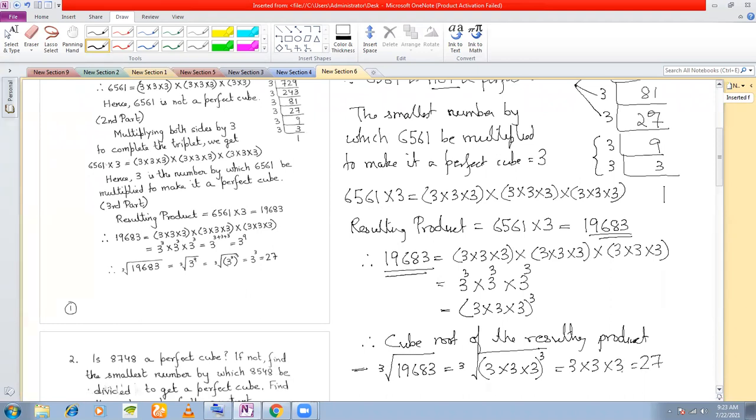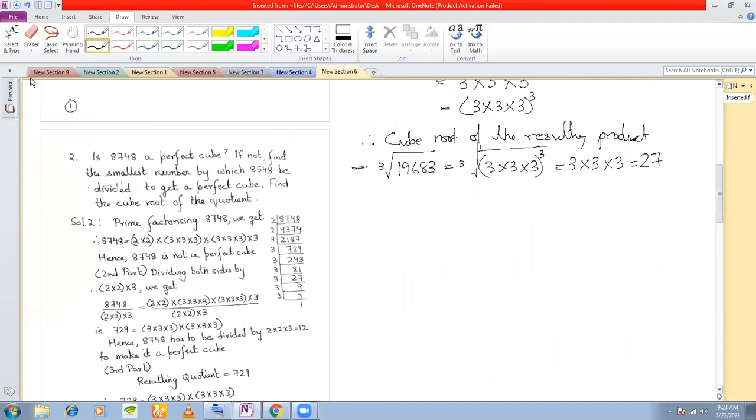Clear with this? Just like square root. We move on to the next problem. Anyone asking any question?